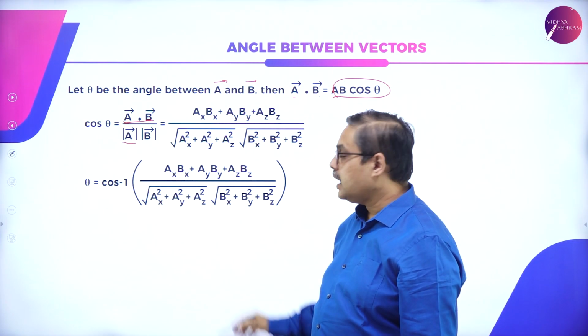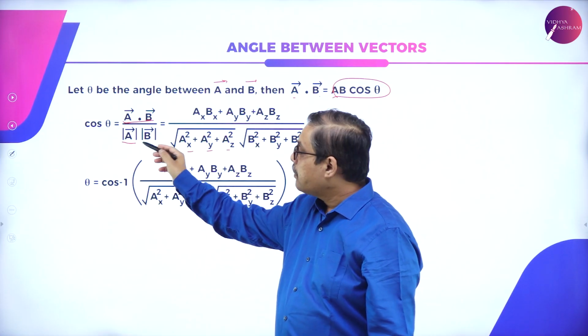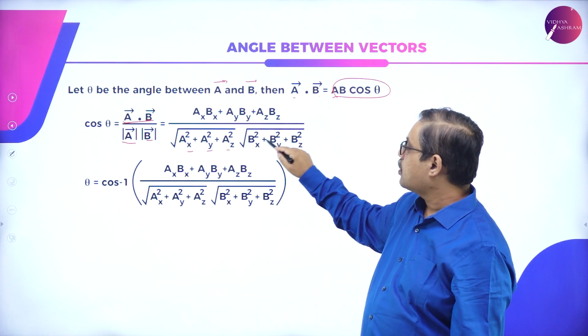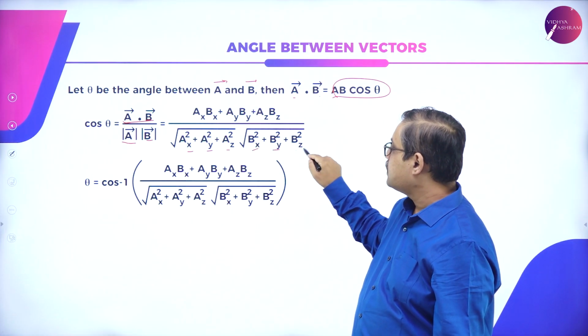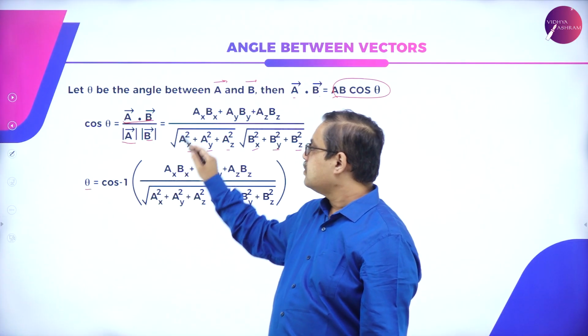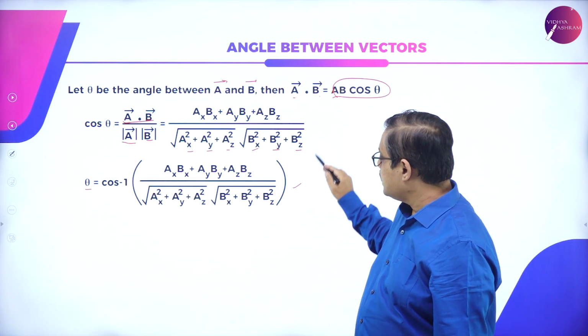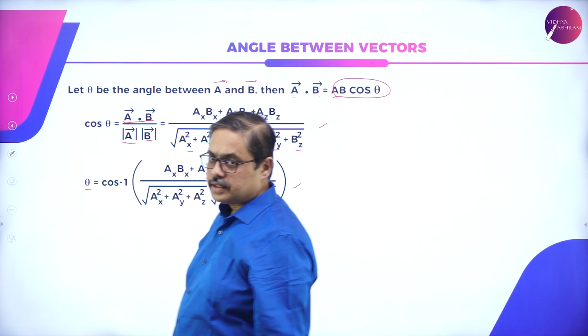Magnitude of vector A is square root of ax square plus ay square plus az square. Magnitude of vector B is square root of bx square plus by square plus bz square. Okay. So theta will be cos inverse of this expression. Is that understandable? We will require these while solving the numericals.